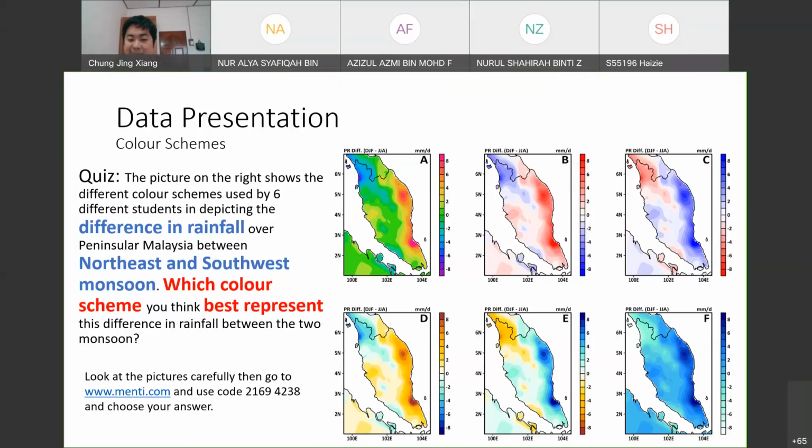Look carefully before you choose, and think. Yeah, you feel the color. Can you feel the energy of the color? Yeah, I look at this color, I feel like this. I look at this color, I feel like this. This is the difference between northeast monsoon and southwest monsoon.